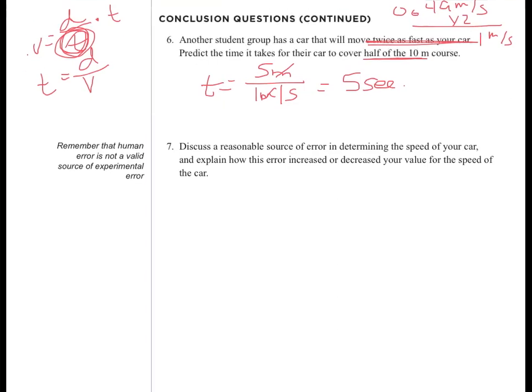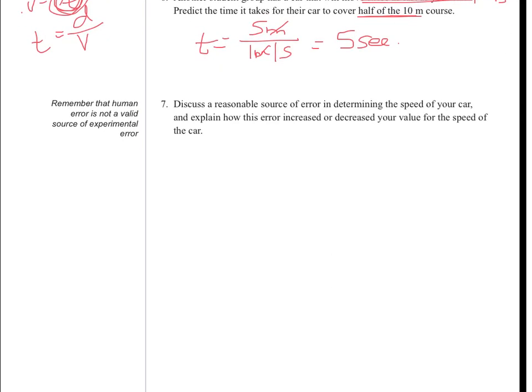Number 7 says, discuss a reasonable source of error in determining the speed of your car. Explain how this error increases or decreases your value for speed. Just some possibilities for human error is not starting and stopping on time.